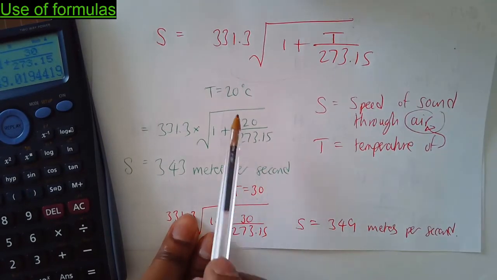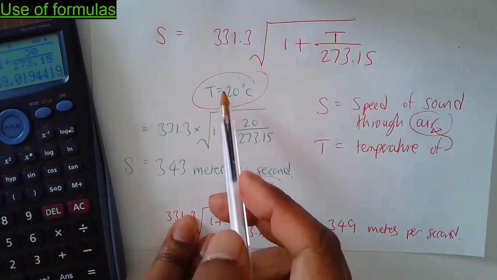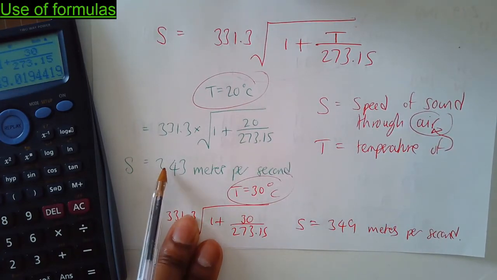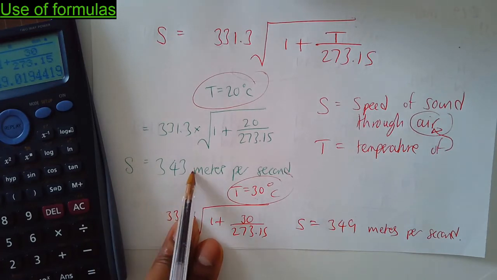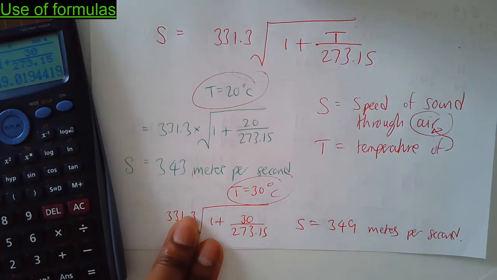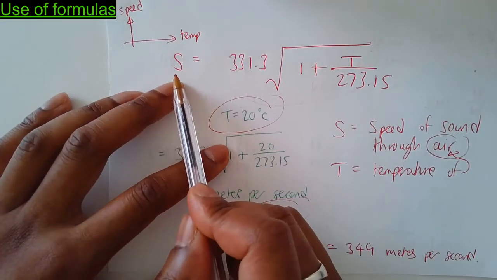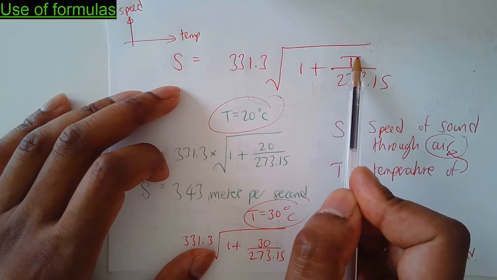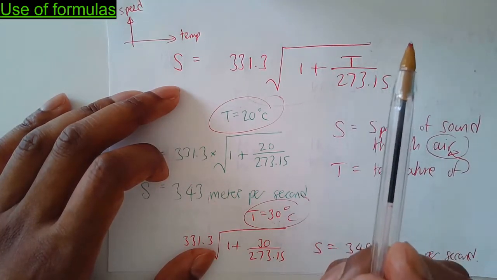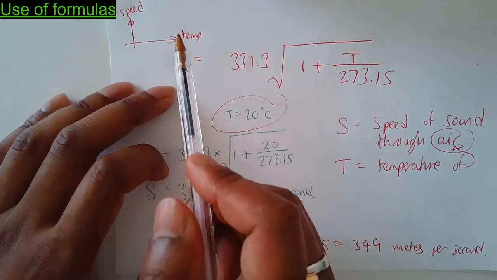So it looks like by raising the temperature from 20 degrees Celsius to 30 degrees Celsius, the speed of sound through air has gone up slightly. Now just out of interest, I'd like to see how the speed of sound changes with temperature, when the temperature changes, what effect that has on the speed of sound.